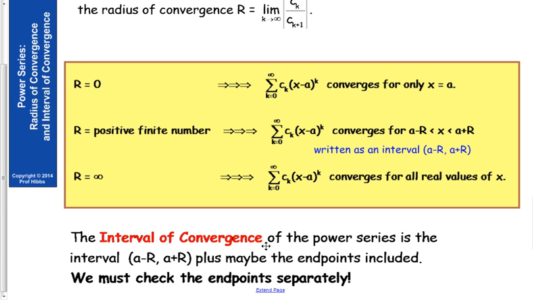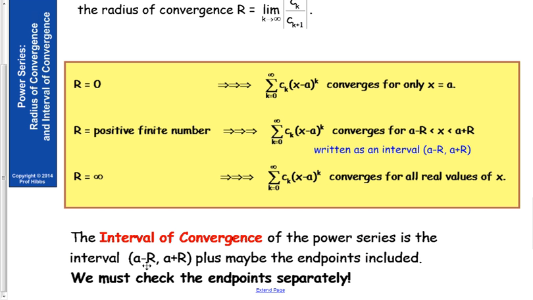Now, the interval of convergence of the power series is this interval from a minus R to a plus R, plus maybe the endpoints included. See, that's what we said before. So far, we just know it converges between those two numbers, but it might converge at a minus R, which then would put a bracket instead of a parenthesis, or it might converge at a plus R, which in that case would put a bracket instead of a parenthesis.